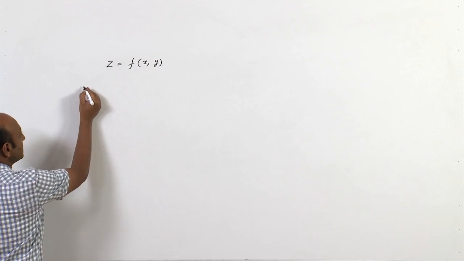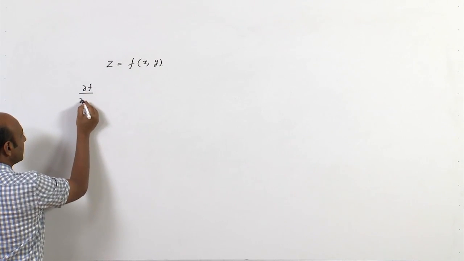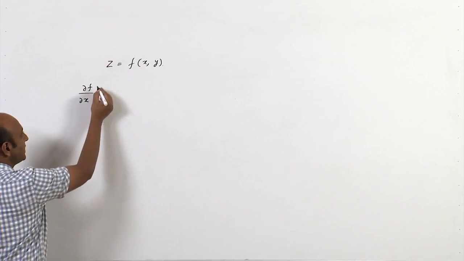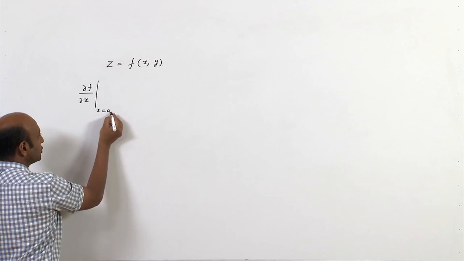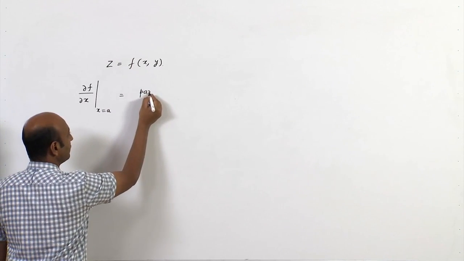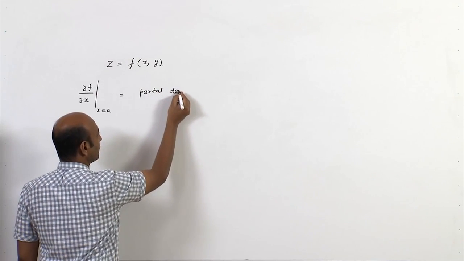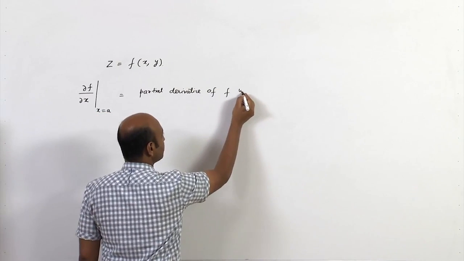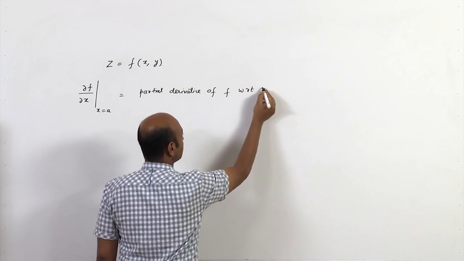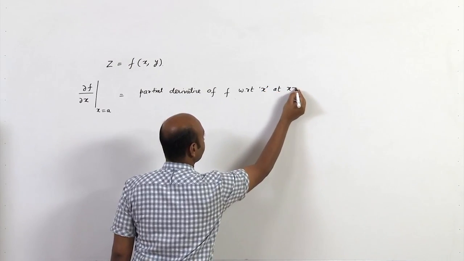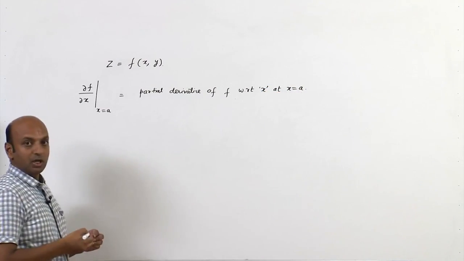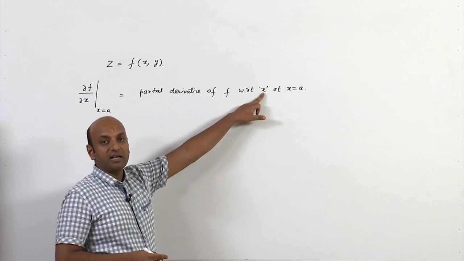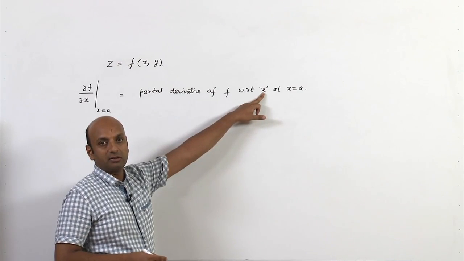Now, we define del f upon del x. It is simply the partial derivative of f with respect to x at x equal to a. When we deal with the partial derivative of f with respect to x, that means we are treating all other variables as constant.